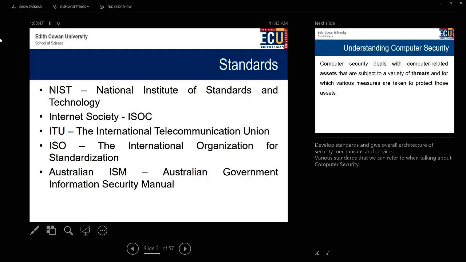Don't worry about this one. You should know what ISOC, ITU and ISO stand for. But you should be aware of NIST and the Australian ISM, the Australian Government Information Security Manual. These two things are very important for you, not only for this semester, but for the rest of your course, for all other units that you will be doing and in the industry as well.